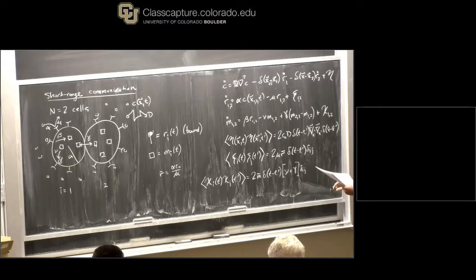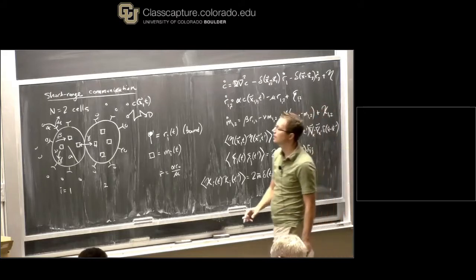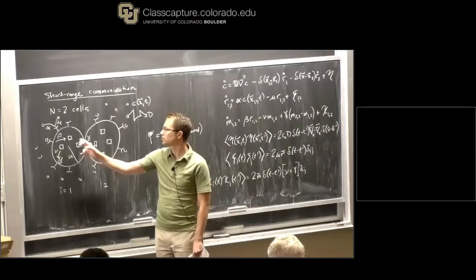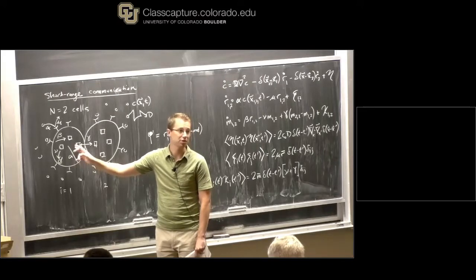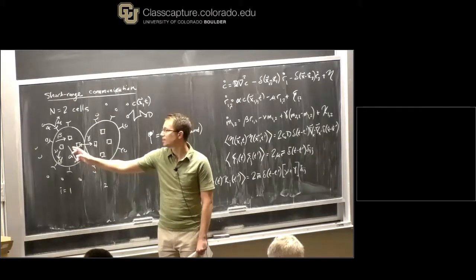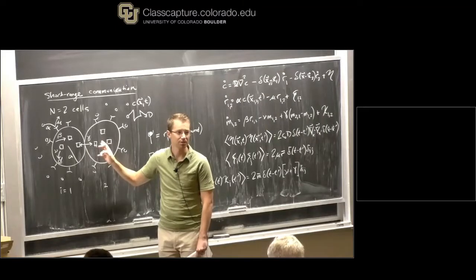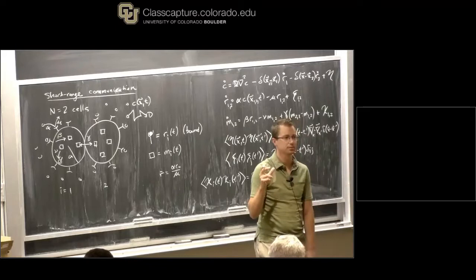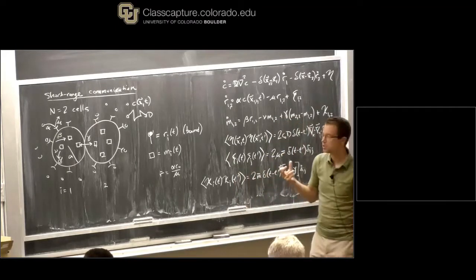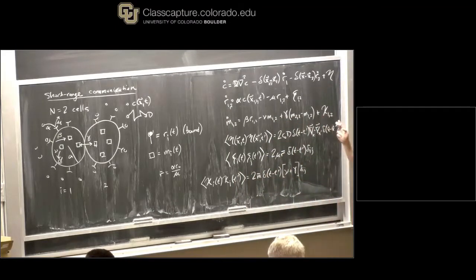That term needs to account for the fact that when a molecule leaves cell 1, and there's a noise associated with the propensity for cell 1 of that happening, it also enters cell 2. And so that reaction should induce correlated noise between cell 1 and cell 2, which means that this Langevin noise term needs to not just have a delta term. It needs to have a term that connects cell 1 and cell 2.